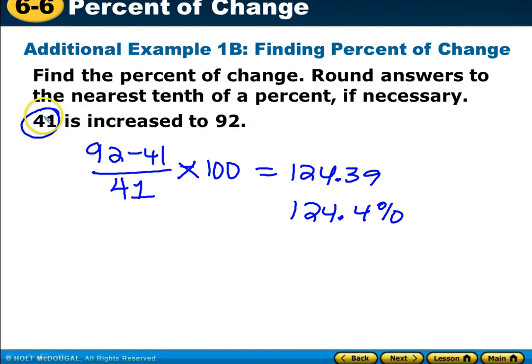So if I increase 41 by 100%, I need to add another 41, so that will be me increasing 41 fully by 100%, so that will be 82. But it's 92, so there's another 10 that we need to take into consideration, and that's where that 24.4% is coming in.